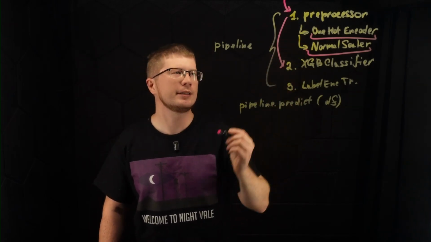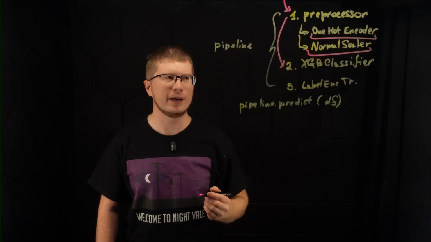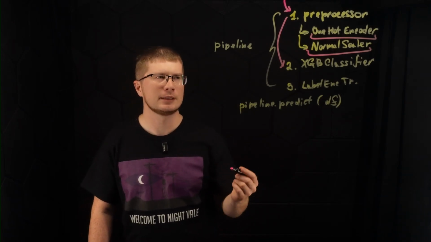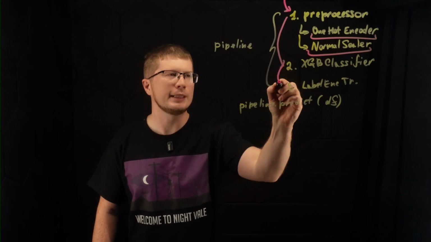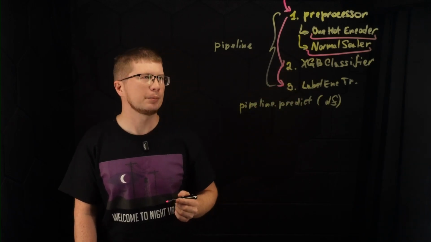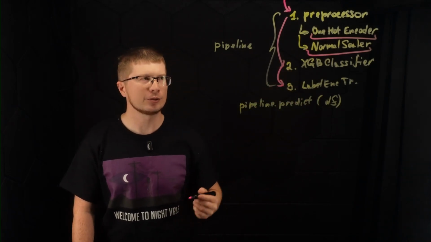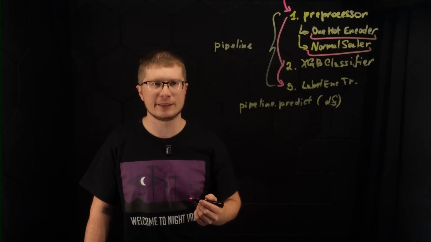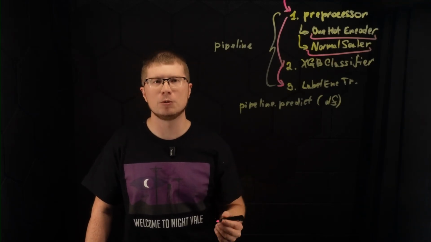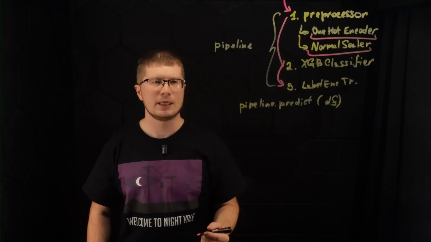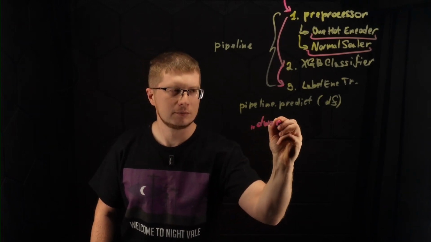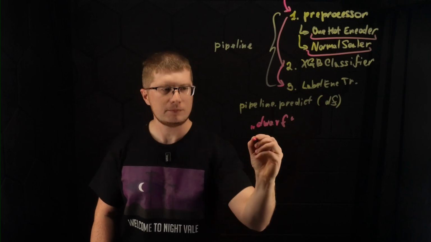Then we pass this data into the XGB classifier, and the classifier generates the predictions. Then we pass the output to the label encoder transformer, because the classifier returns the output in the form of class IDs, but we want something more meaningful. In our case, it's going to be a dwarf or goblin.